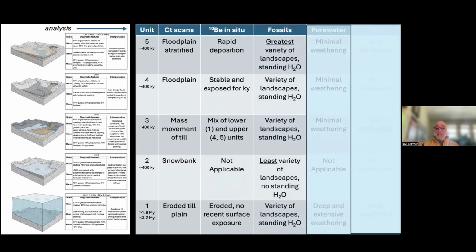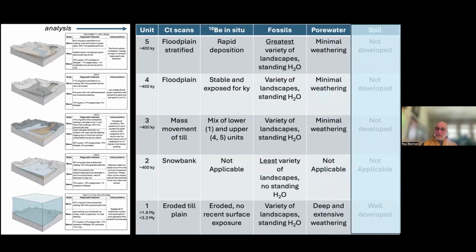The fossils tell us that Unit 5 has the greatest variety of landscapes represented. Unit 2 has the least variety. Everybody else has a matrix of different kinds of landscapes. The pore water tells us that till plain must have been out for a long time because it's so enriched in these dissolved materials.